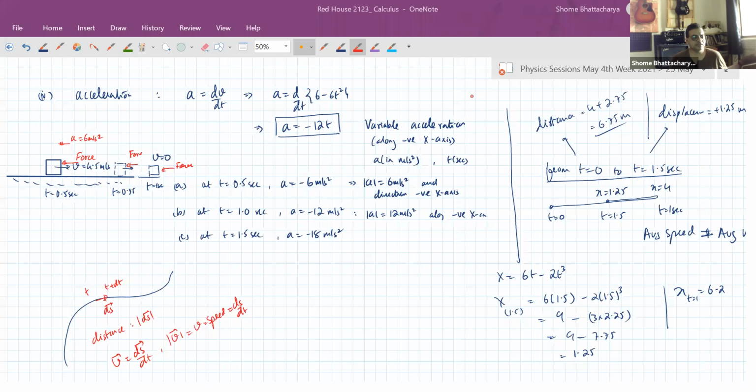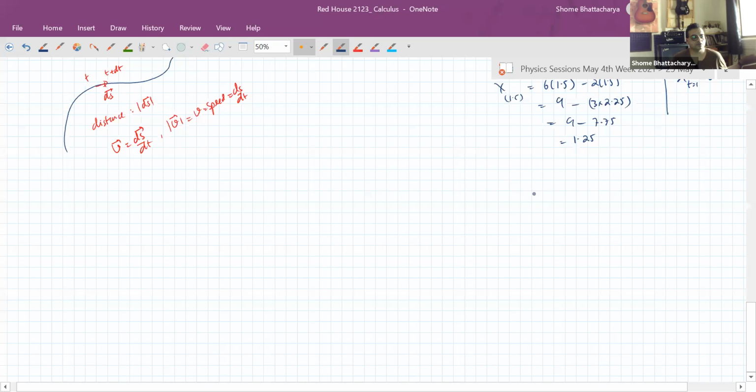But immediately after that, there is a strong impulse acting on it. So if we look at the moment just after t equal to 0, the velocity is jumping from 0 to 6. This is a good question: if we are getting the velocity as 6 minus 6t squared, then how come the object is starting from rest?